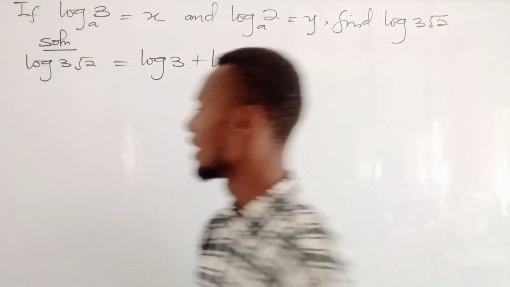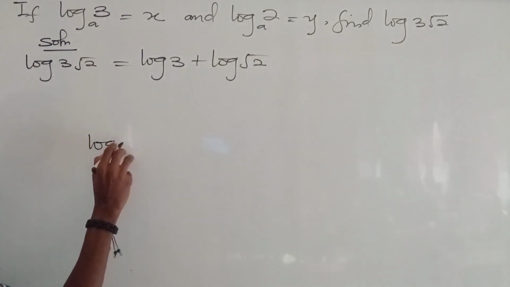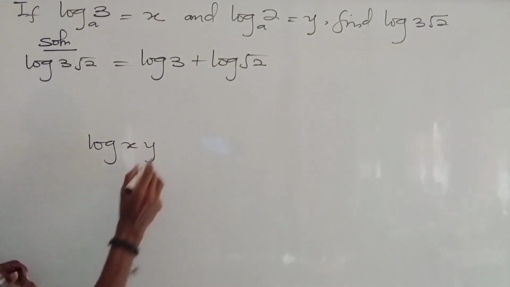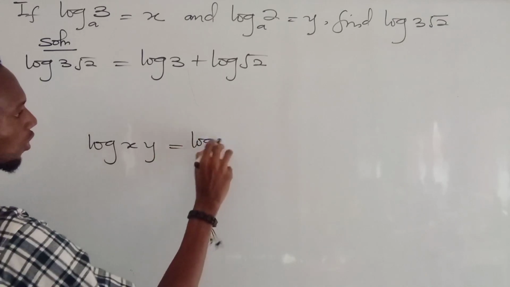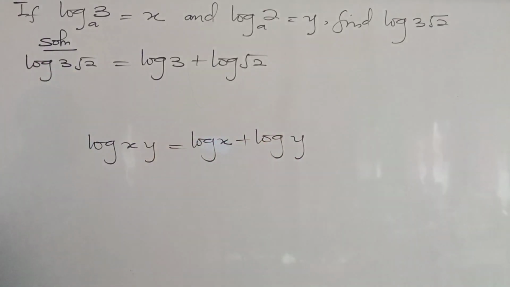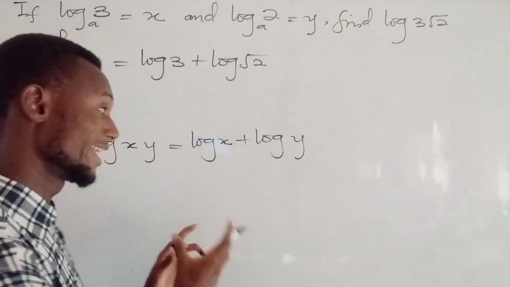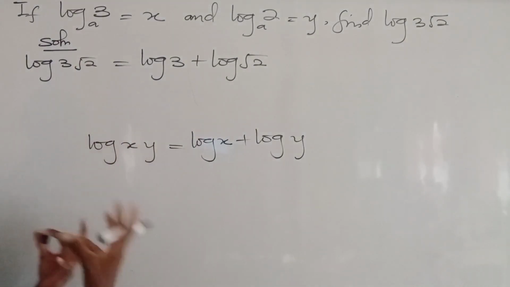Assuming I have something like the log of sy, the law says that we can write it as the log of s plus the log of y. Look at it: the s and the y are multiplying.